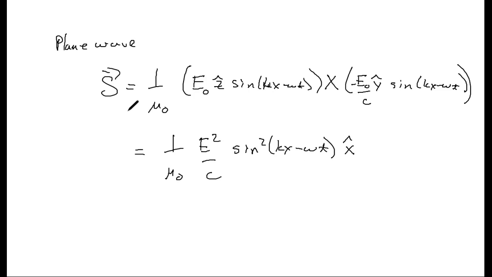As advertised, this does indeed point in the direction of wave propagation. It has units of power per square meter, watts per square meter, and those are the right units to be an intensity. So the brightness of light, okay?